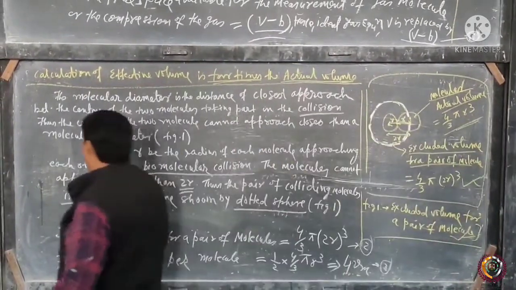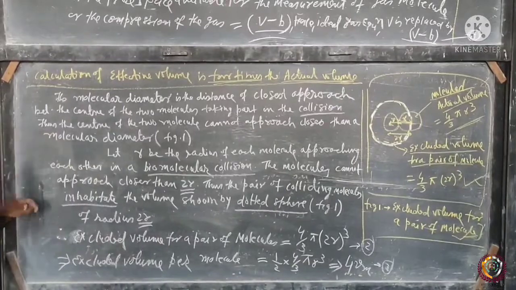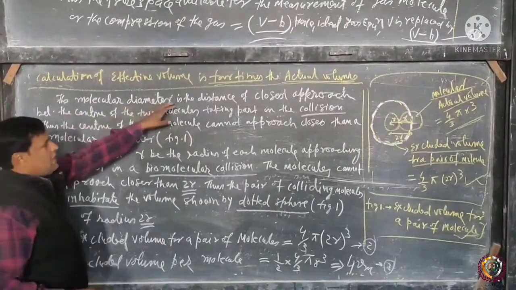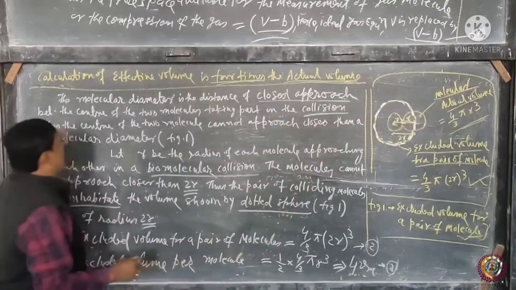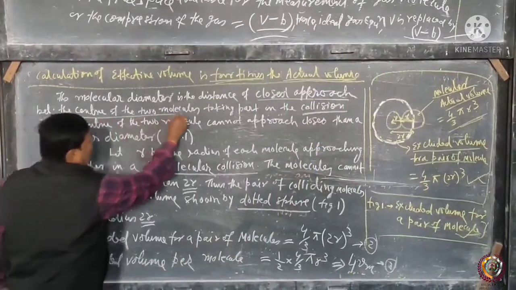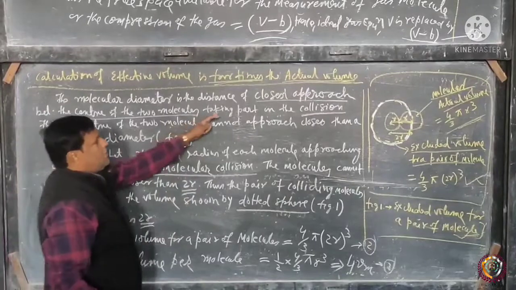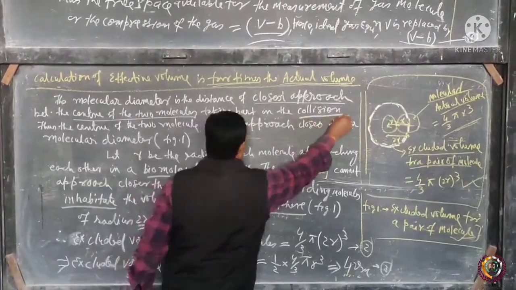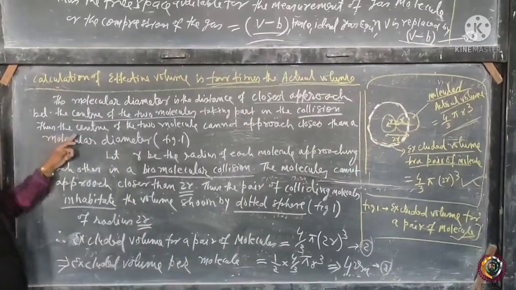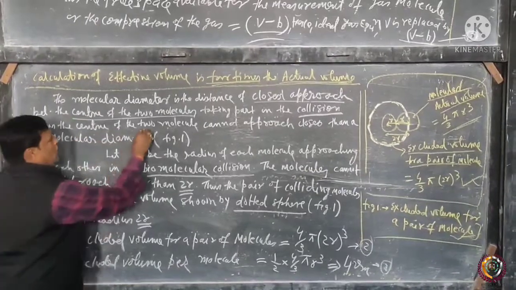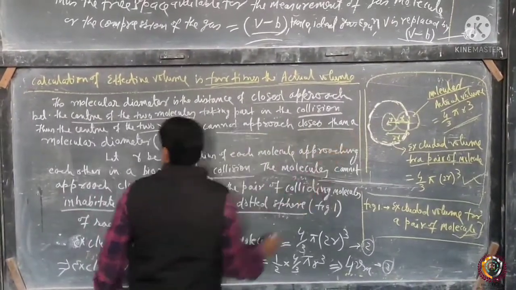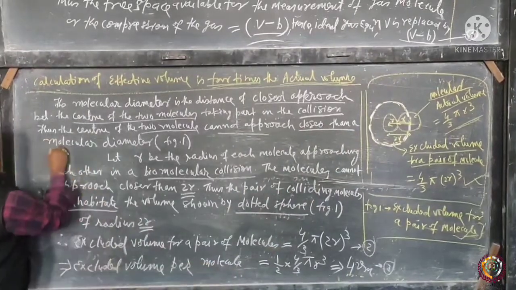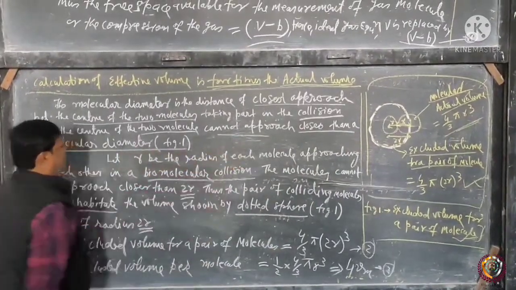Now, the molecular diameter is the distance of closest approach between the centers of the two molecules taking part in the collision. Thus, the centers of the two molecules cannot approach closer than the molecular diameter, as shown in figure 1.